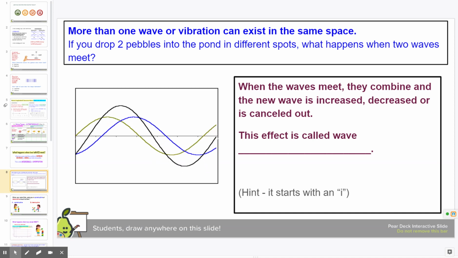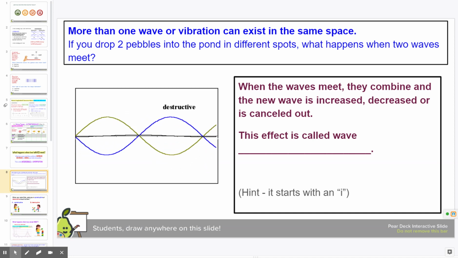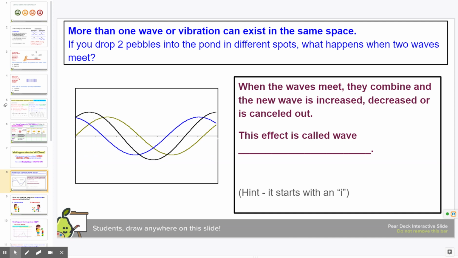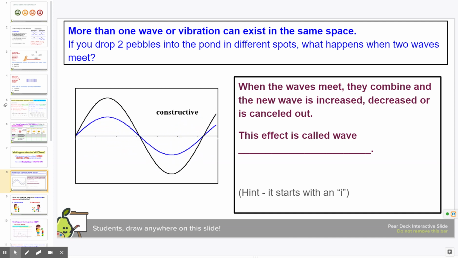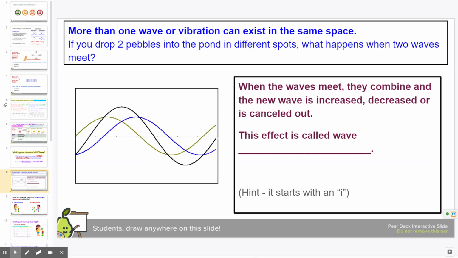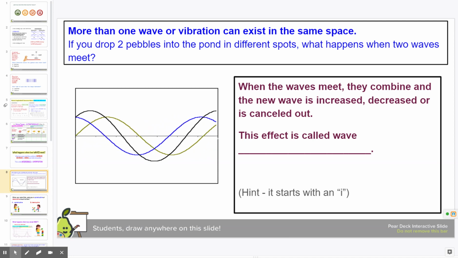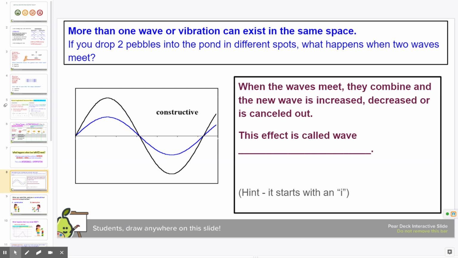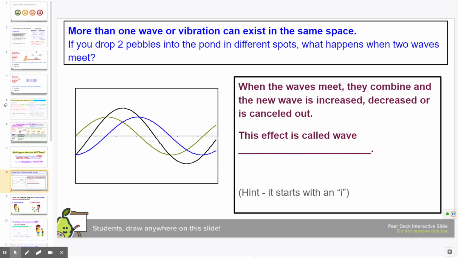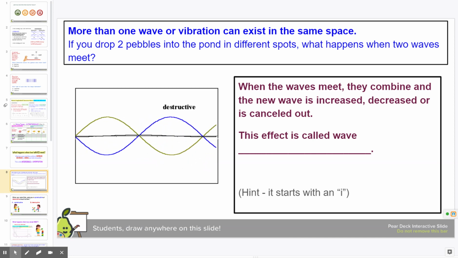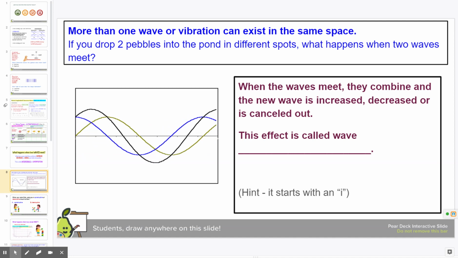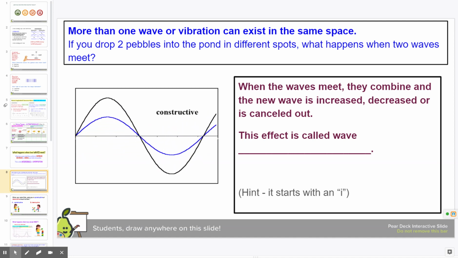So when the blue and green perfectly overlap, the two crests will combine to create a larger and bigger wave. But when the blue and green waves are opposite, a crest and a trough overlapping, they'll cancel each other out and neutralize each other.